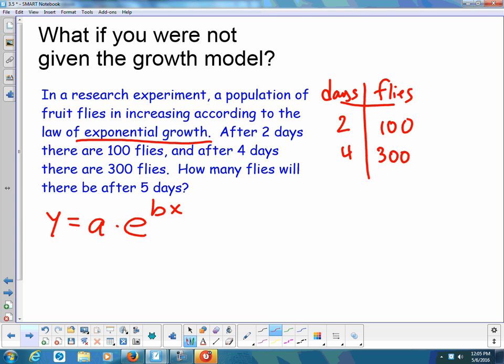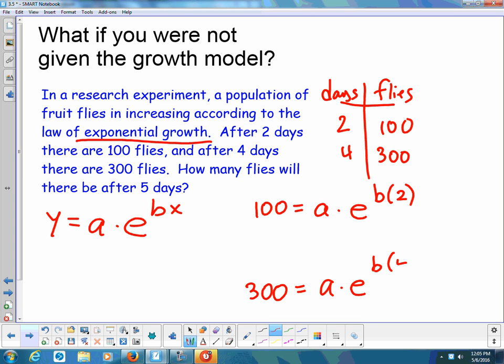So I can plug in 100 equals a times e raised to the b times 2. And I can plug in the 300 for y and 4 for x.